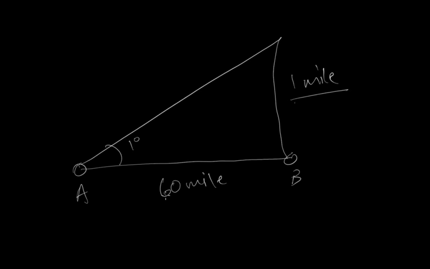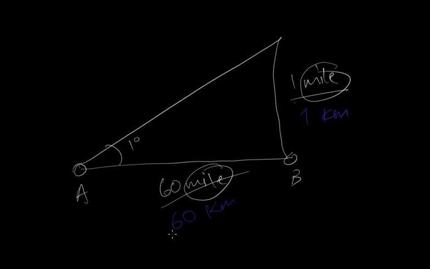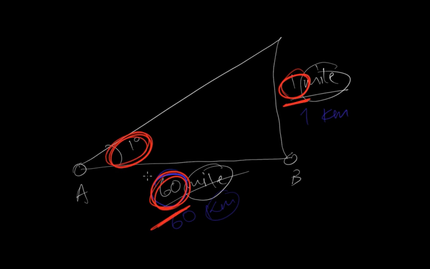This unit does not matter, whether it's miles, kilometers, or meters. It can be anything. It's just the numbers that matter. So you can see where the 1 in 60 rule got its name: 1 mile in 60 miles per 1 degree error.